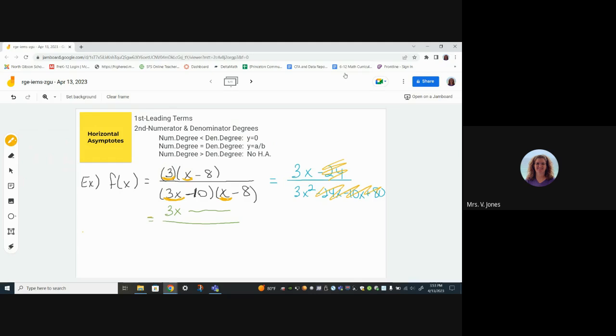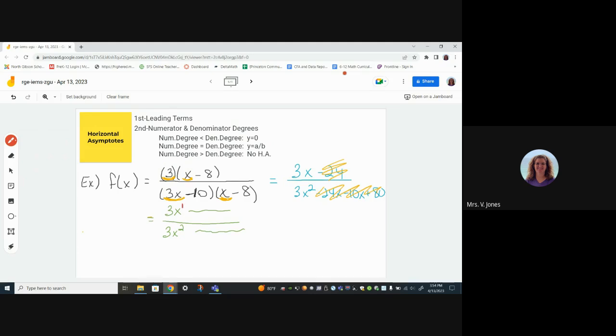So if we multiply those two together, we get 3x squared. And yes, you will have stuff behind it. When we're doing horizontal asymptotes, we only care about the first term, the term that has the largest exponent on your variable. So what we do from there is we look at the degree.